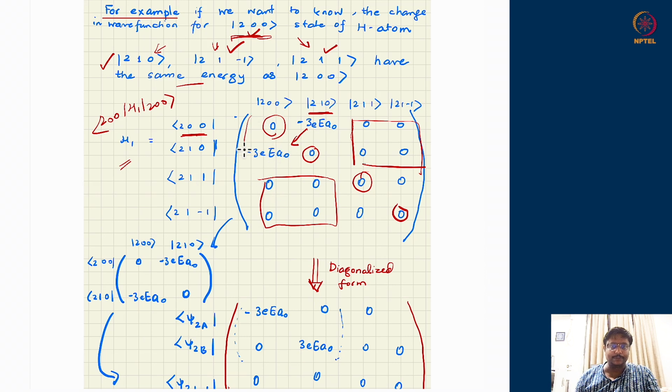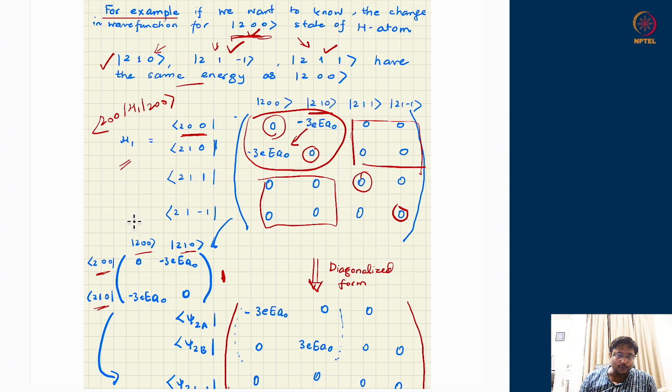So ultimately, apart from this sub block, the perturbation Hamiltonian is already a diagonal matrix, except for this small 2 cross 2 dimensional subblock. So we can just focus on this subspace where the perturbation Hamiltonian looks like this, and want to know if we can diagonalize it. The 200 and 210 basis does not diagonalize it.